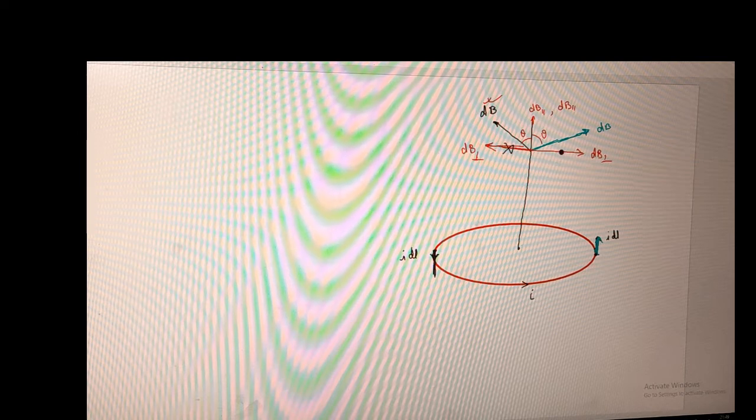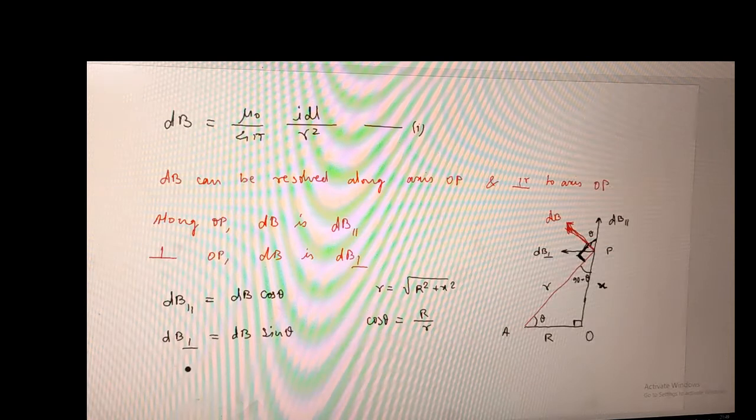This will cancel this one. So the only component remaining is dB parallel, right? So how can we write this? dB perpendicular cancel out each other due to symmetry, right?